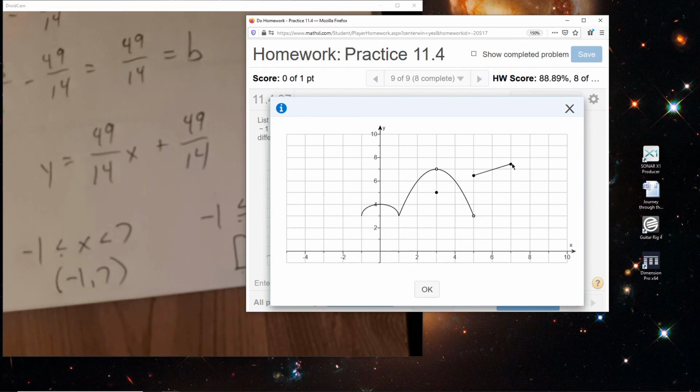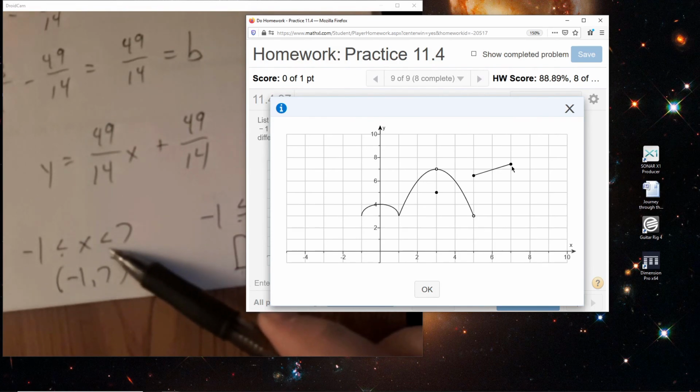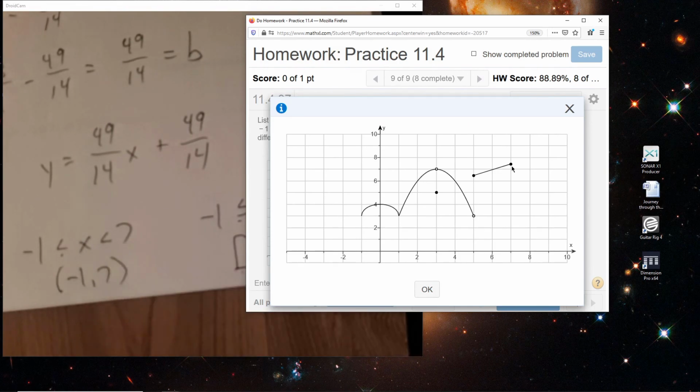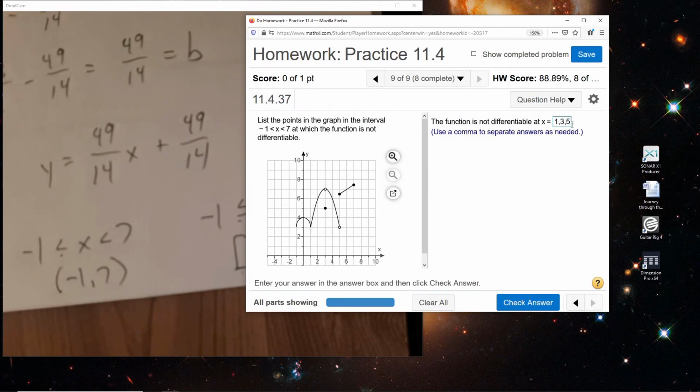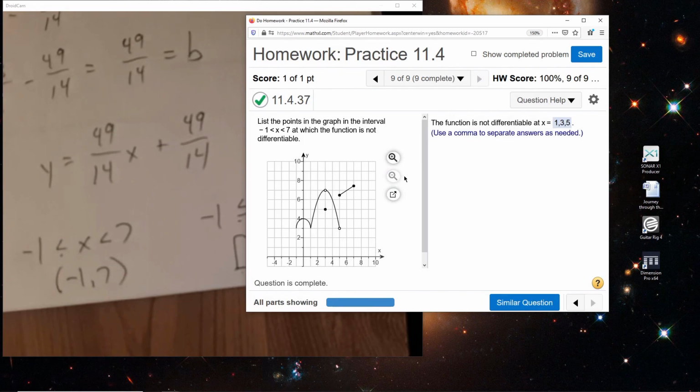So the derivative doesn't exist at 7, but 7 is not included as an endpoint because it's got the parentheses. There's no equal sign, which means we don't include 7. And so here's our answer then, 1, 3, and 5. And there it is. That's practice 11.4.